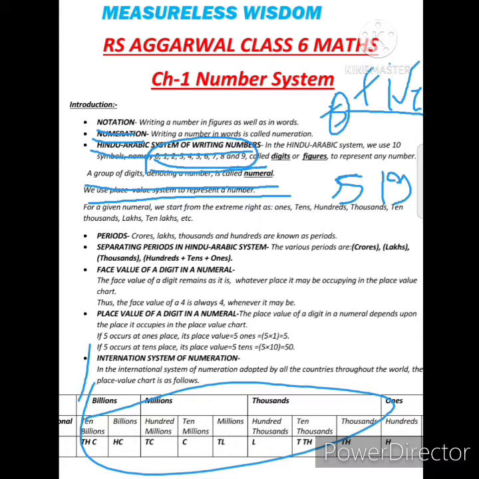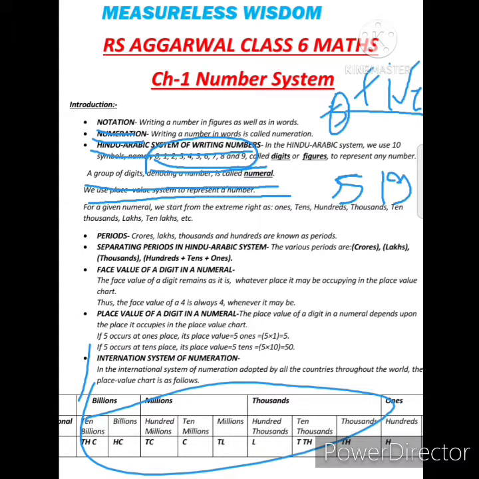These represent the ones place, tens place, hundreds place, thousands place, ten thousands place, lakhs place, ten lakhs place, etc. There is more in the upcoming part.